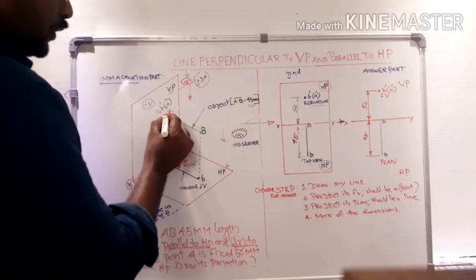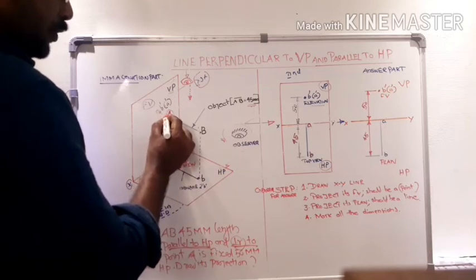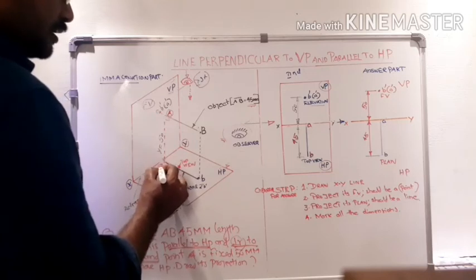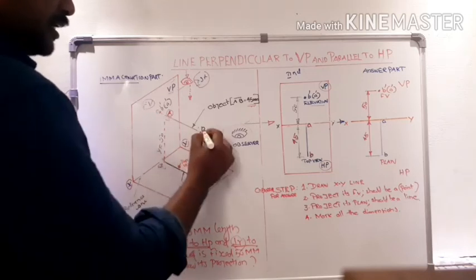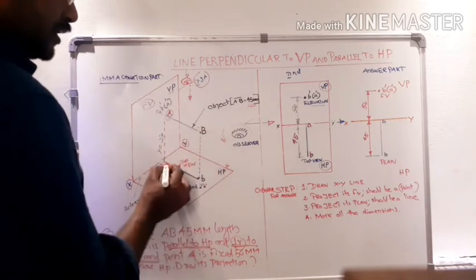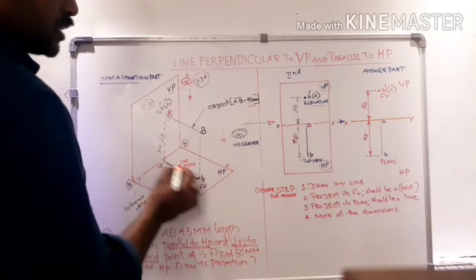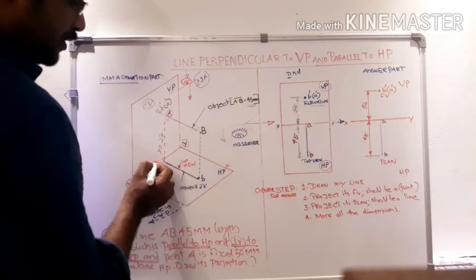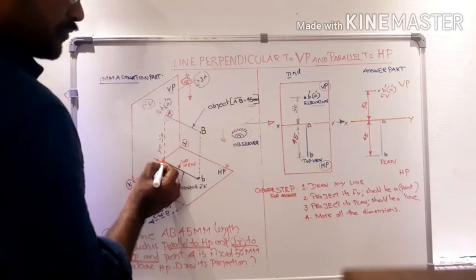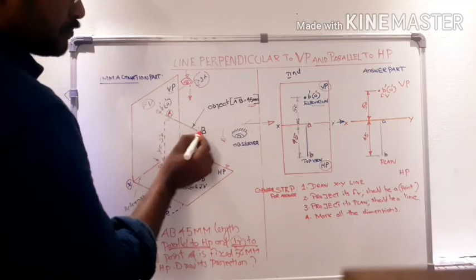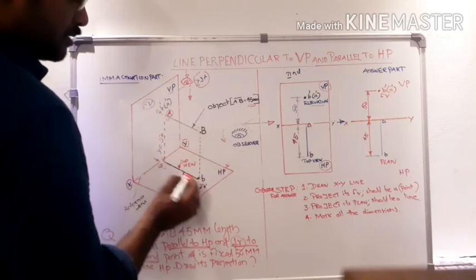Now draw the image of point A on HP. Now we get a small letter a. Similarly, we get another point image, small letter b. Now connect these 2 points using a straight line. One of the points is on the reference line, and the other point is 45 mm apart from point a.